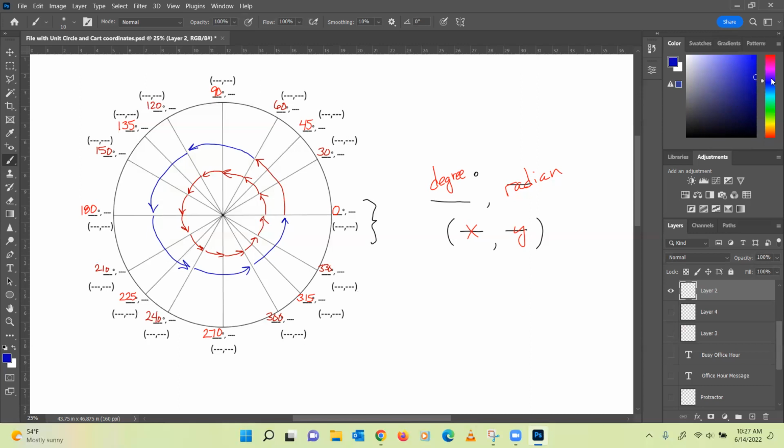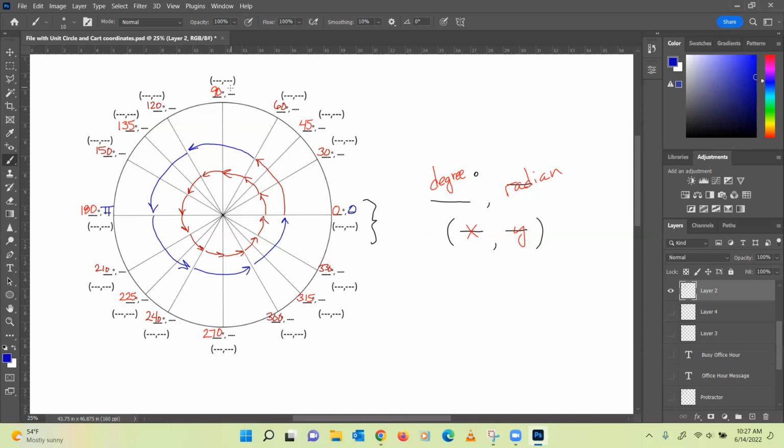So now let's jump to radians, which we started talking about today. I'm going to use the blue for that. We've got 0 radians here at the positive x-axis. We said we had pi radians over at the 180-degree or negative x-axis.